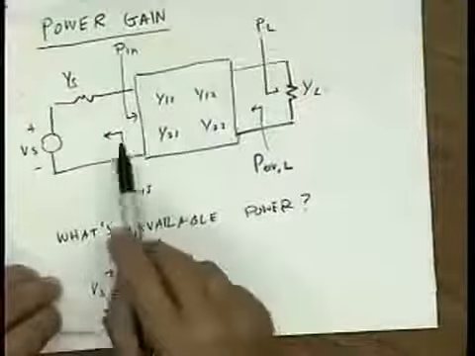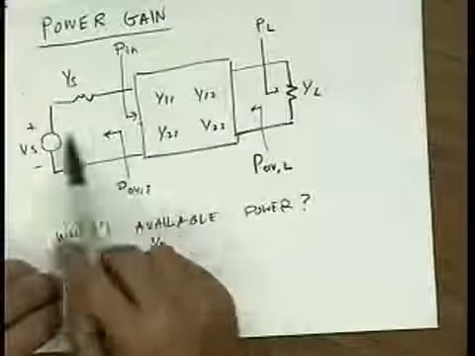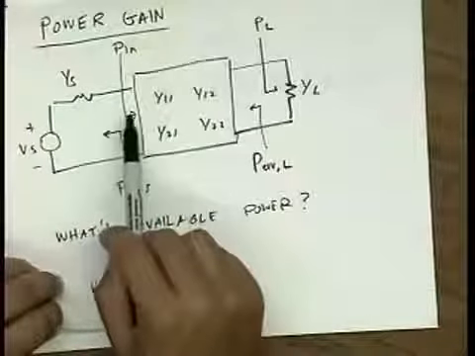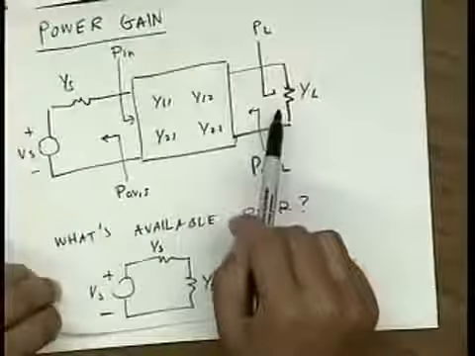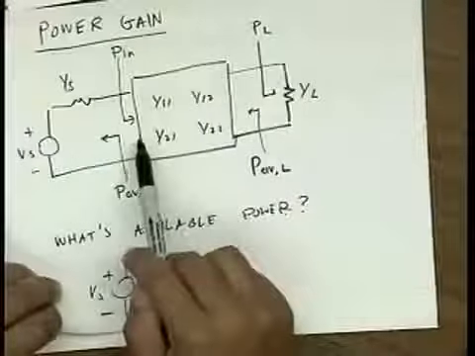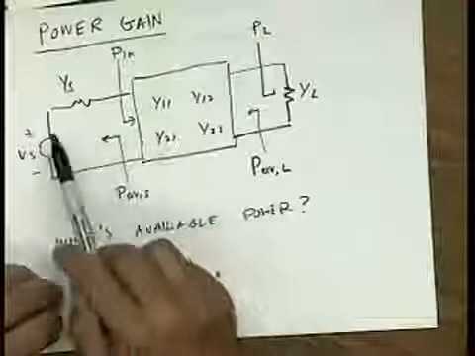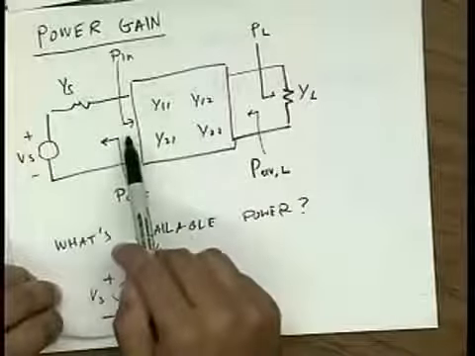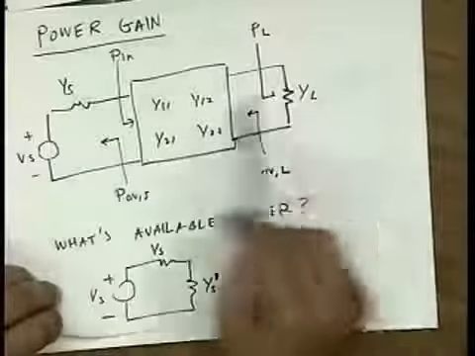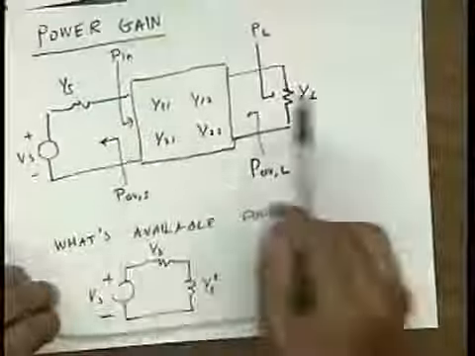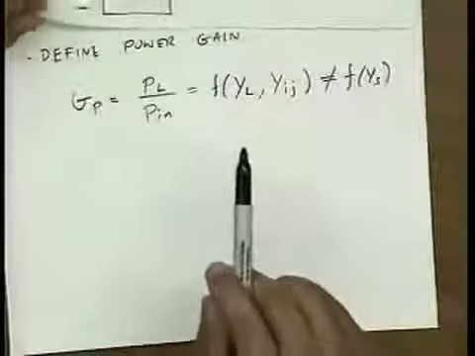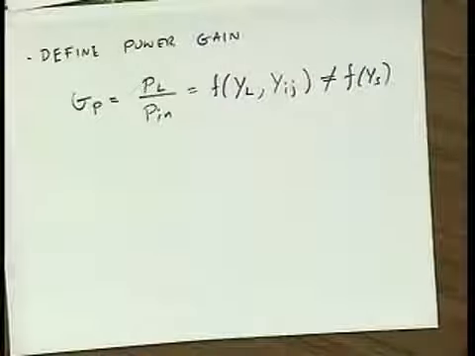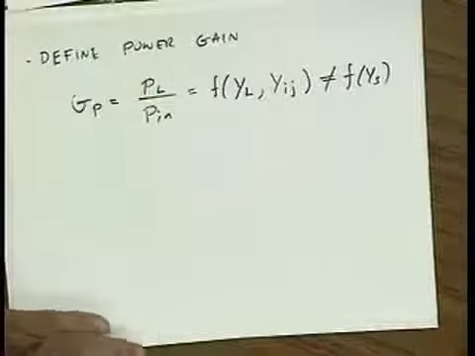In other words, we've normalized already by P in, so no matter what source admittance we choose, it won't affect the power gain because we divide by how much power goes in. If I use 1 ohm or 1,000 ohms, I'm going to get some power in. They're going to be different, but then I divide by that power in, so the power gain, GP, is not a function of the source admittance. That's an observation that we need to keep in mind.